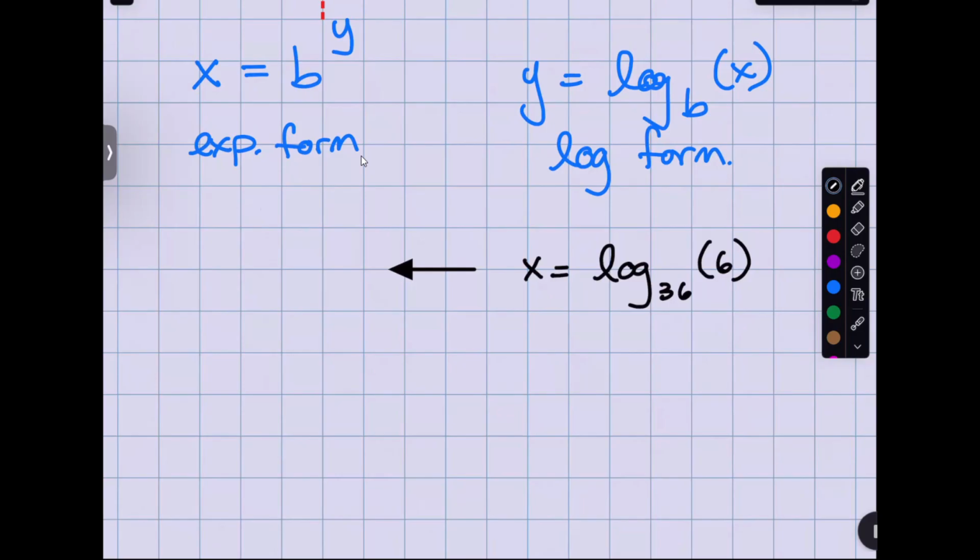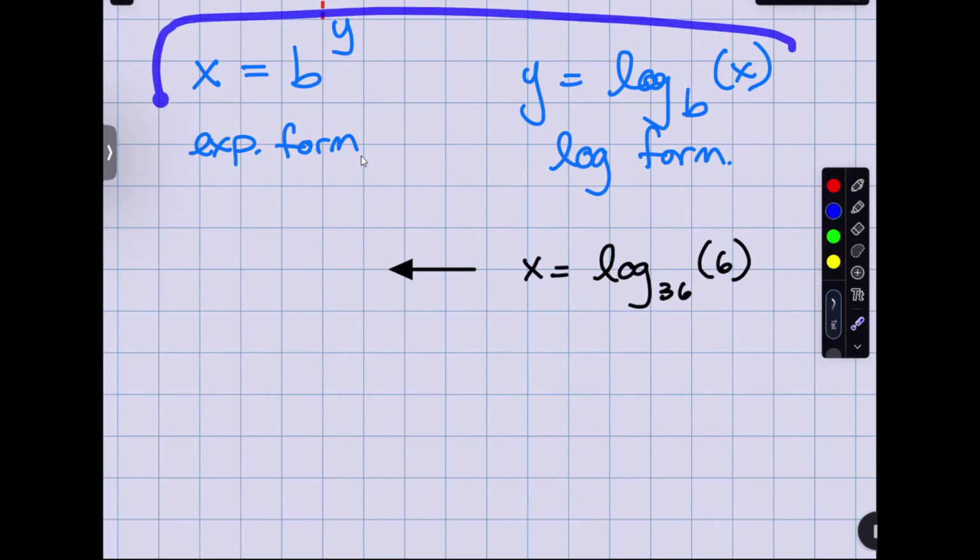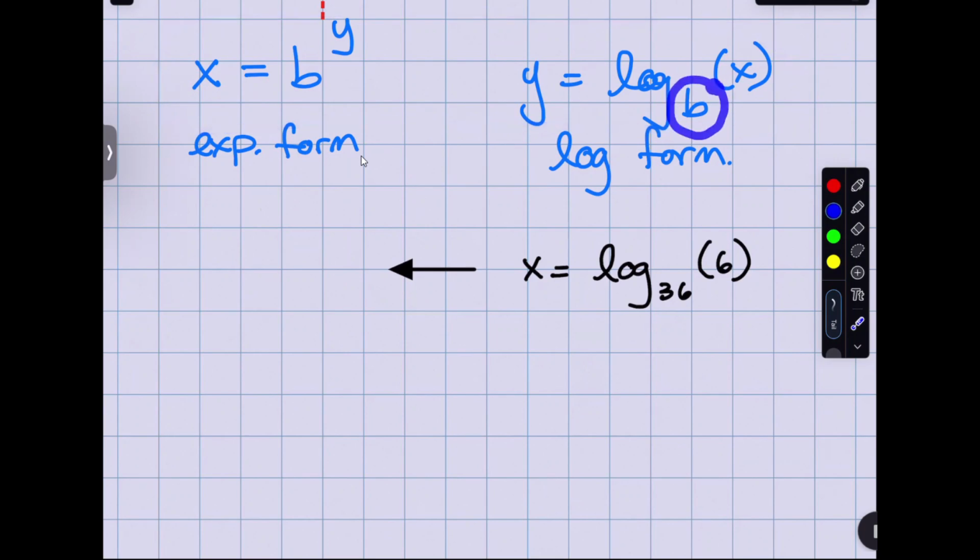Now, before I do anything, I'm going to say this. Everybody look up here. No matter which form I'm looking at, over here on the right, this b we call a base. This b is also called a base. So no matter which form I use, that b is a base.